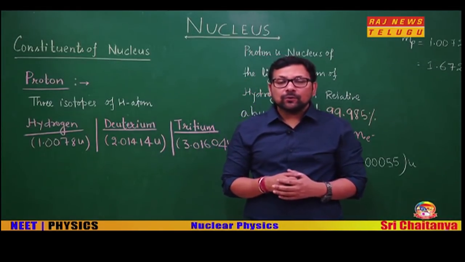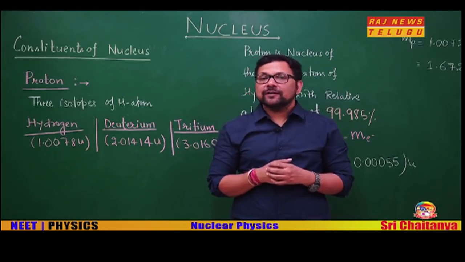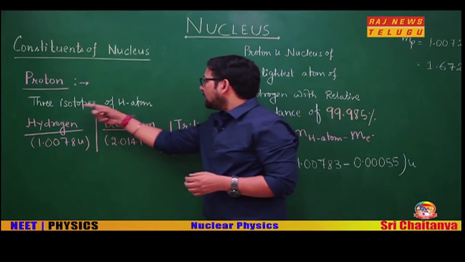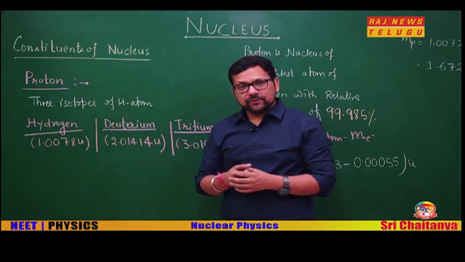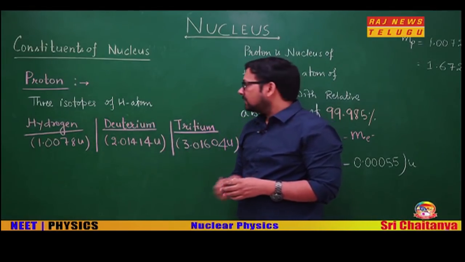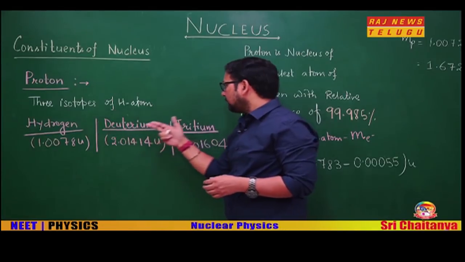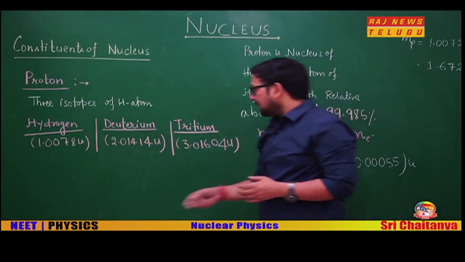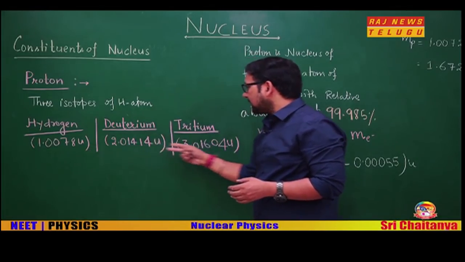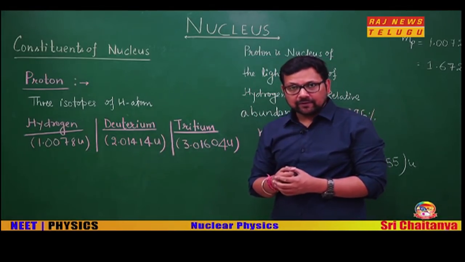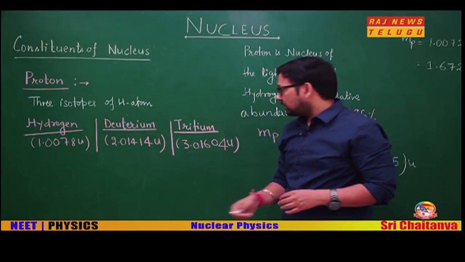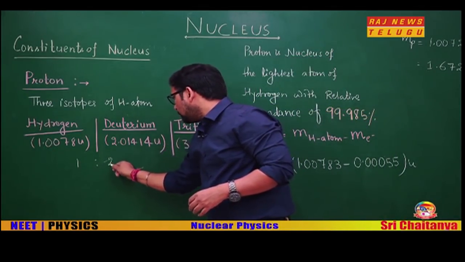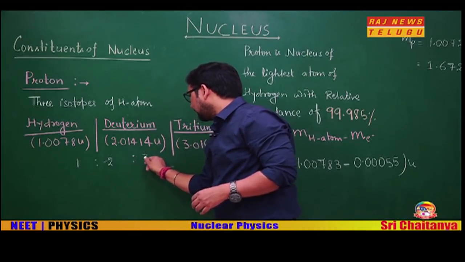Okay, now as we know what isotopes are, let's see, there are three isotopes of the hydrogen atom called hydrogen, deuterium and tritium. You can see their respective atomic masses as well, almost in the ratio of 1:2:3.